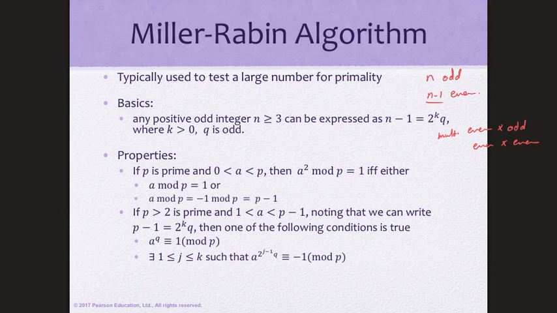Now, this is where it comes from. If your n minus 1, based on your selected n, which is odd, is an even number that comes from multiplication of evens only, then you will end up with 2 to the power k multiplied by 1, where the q is going to be 1.